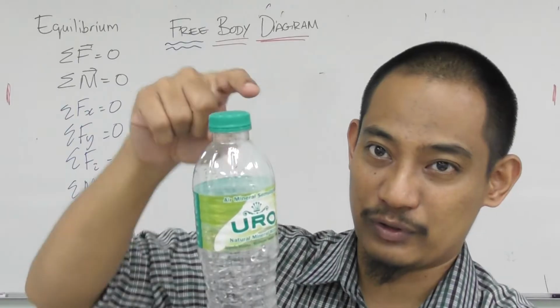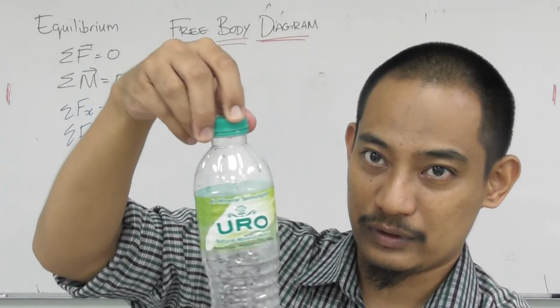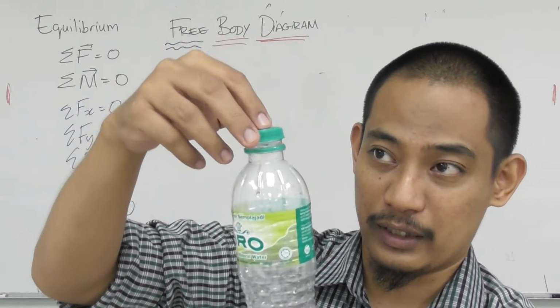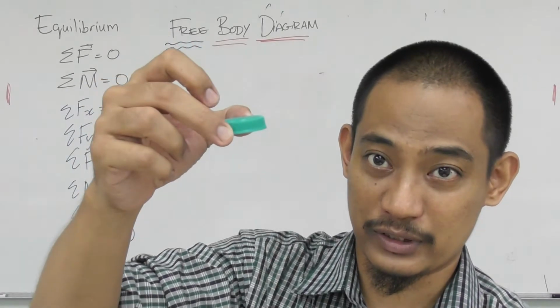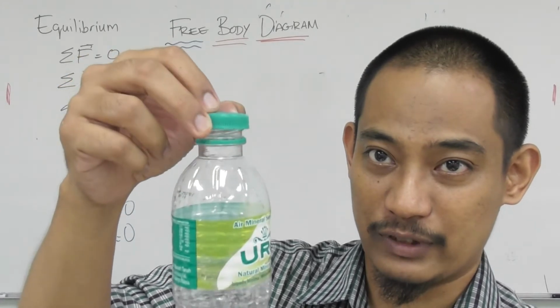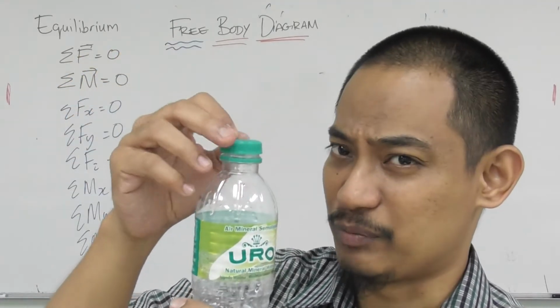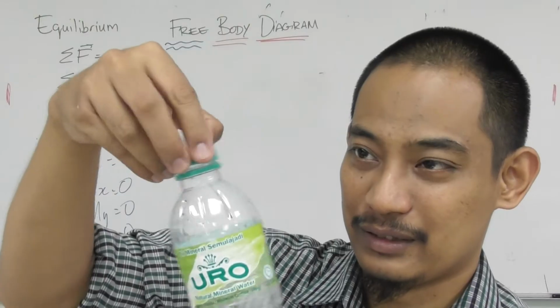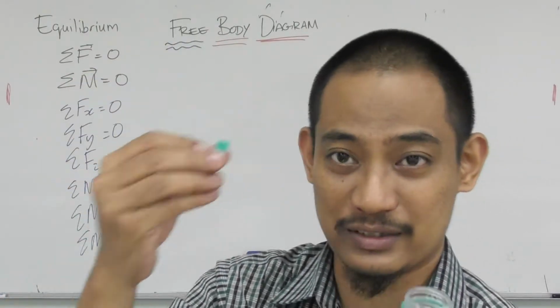But if I say, no, I want to consider what is the reaction between these two, and I consider this is my body, the body that I draw, so the drawing should have only this, right? And then whatever reaction here, of course, in this chapter we do not yet learn the reaction between these two, right? But this is just an example.